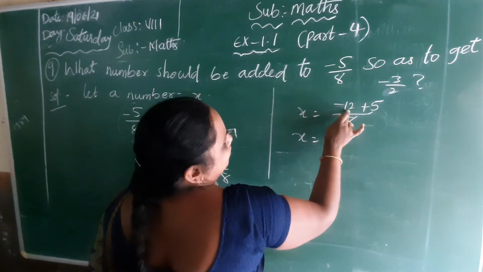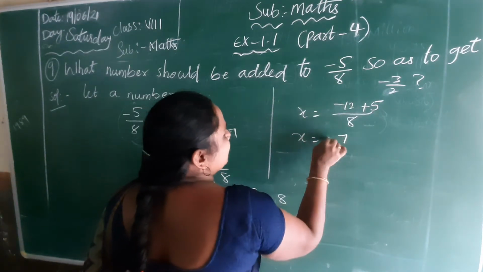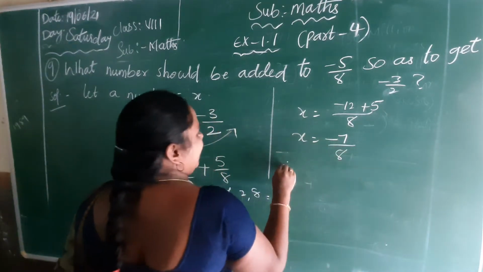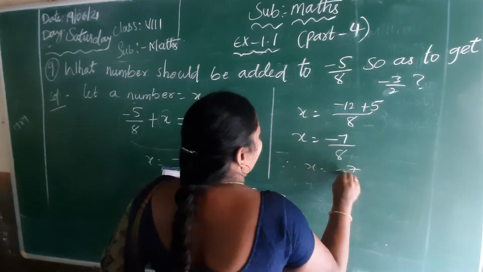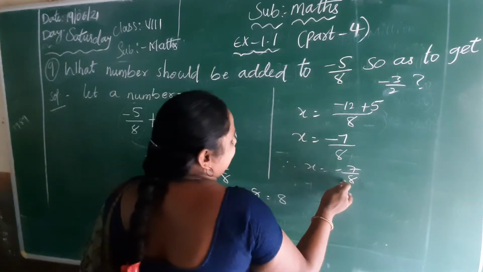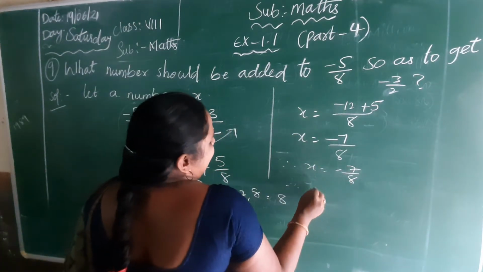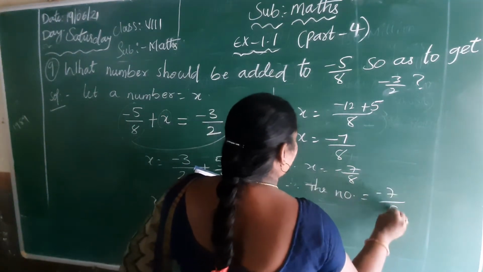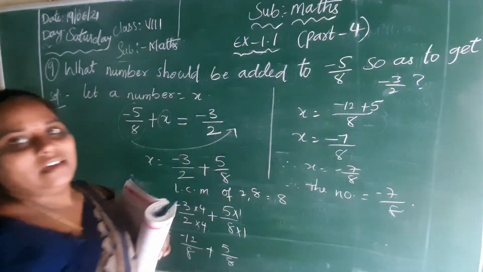See the bigger value, 12, has the negative symbol, so the answer you get is minus 7 by 8. Therefore x is equal to minus 7 by 8. What is the number we have to add? Minus 7 by 8 is your answer.